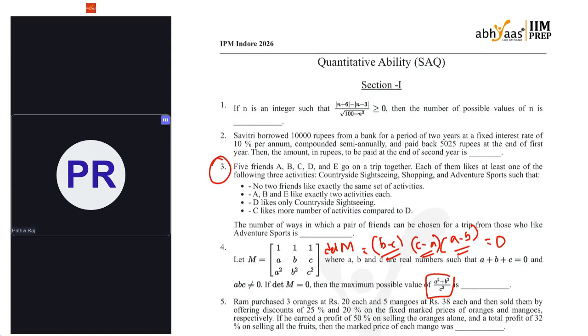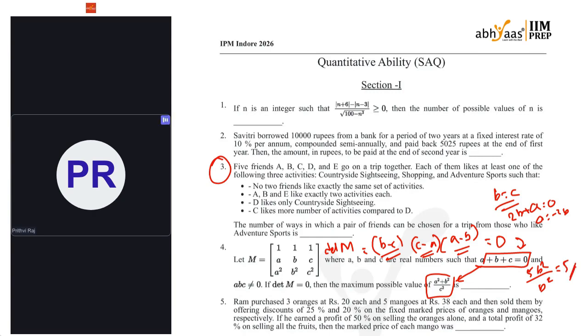Here a condition is also given: A plus B plus C equal to 0. So I have to use that condition also directly. What if B is equal to C? Then it is 2B plus A equal to 0. That means A is equal to minus 2B. If I use that here, in place of A, I write minus 2B, so I get 4B square plus B square, that is 5B square by B square.